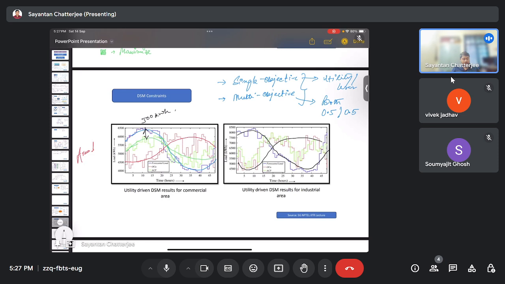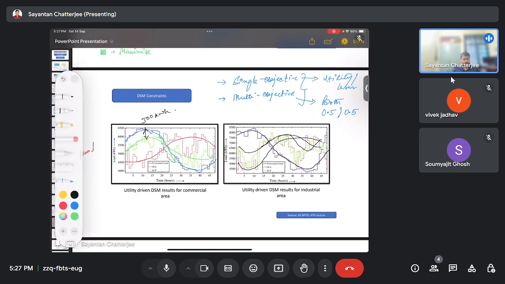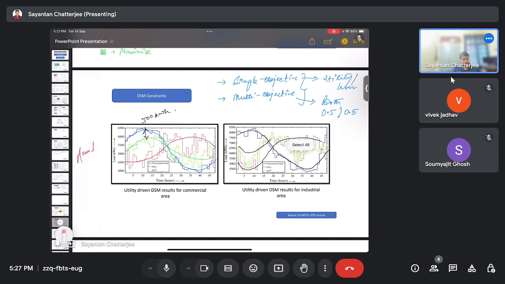As a result, the green curve is delivering promising results when compared to the other load areas. It means the peak has flattened.